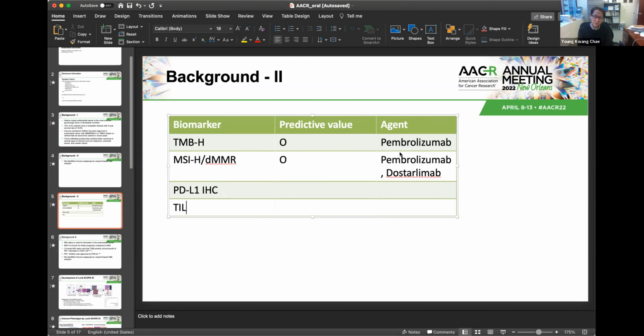So I think the future is going to be, Lunit SCOPE is likely to be the first test to use TIL as a predictive biomarker for immunotherapy response. And what I'm trying to do in my lab is to design a clinical trial using different PD-1 inhibitors, a prospective Lunit SCOPE-based trial, because that's what's ultimately going to change clinical practice.